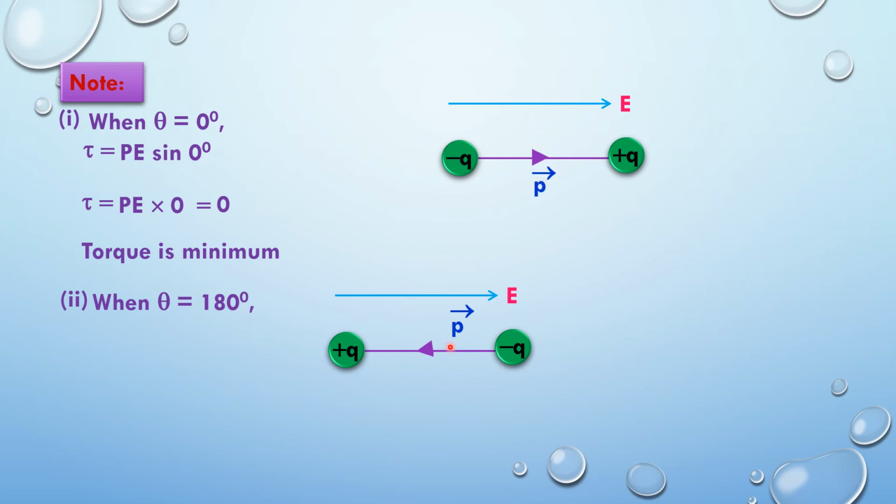In this case, both of them are anti-parallel to each other. Therefore, when theta is equal to 180 degrees, torque is PE sine of 180, where we know sine of 180 is equal to 0, hence torque is again equal to 0. Hence torque is minimum in the second case also.